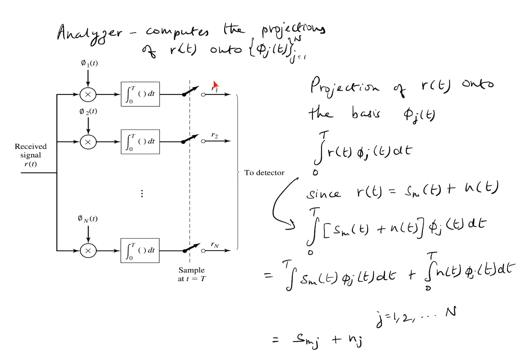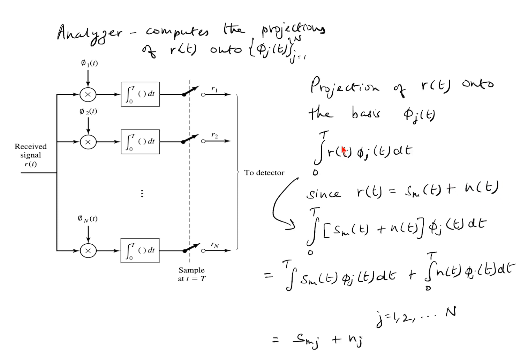So R1 is the projection of the received signal onto the basis phi 1, which is given by this equation. The projection is given as the integral of r of t into phi of t. So integral r of t into phi j of t is Rj in general, right? But we know that the received signal r of t is the sum of the transmitted signal Sm of t and the noise signal n of t.